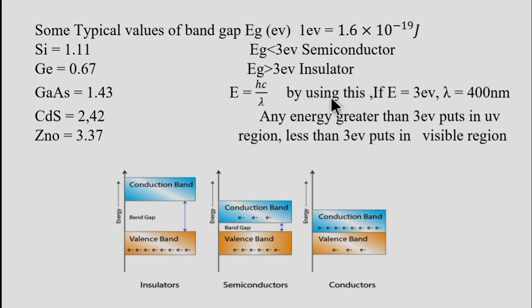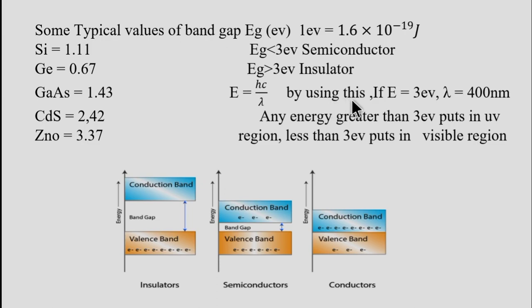Now by using Planck's equation, E is equal to h nu, nu, the frequency of oscillation, can be defined in terms of c by lambda. Here E is the energy of incident light, h is Planck's constant, 6.67 times 10 raised to minus 34 joule second, c is the speed of light, 3 times 10 raised to 8 meter per second, and lambda is the wavelength.